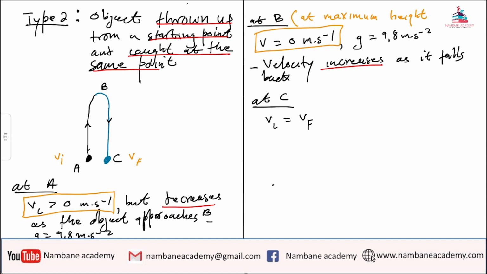And I'm going to say from A to B, which is T1, from there to there, allow me to call it T1, and from there to there is T2.